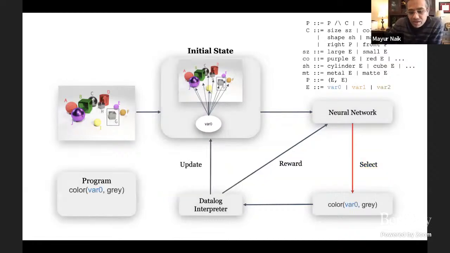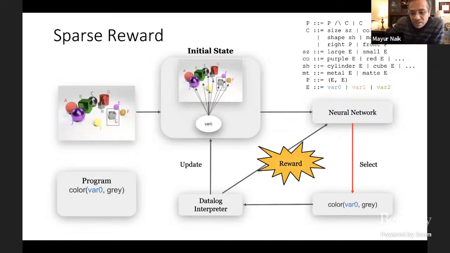And let us say the first clause picked is that the target object should be a gray colored object. So this is a candidate program that is generated. We then execute this program using the verifier.